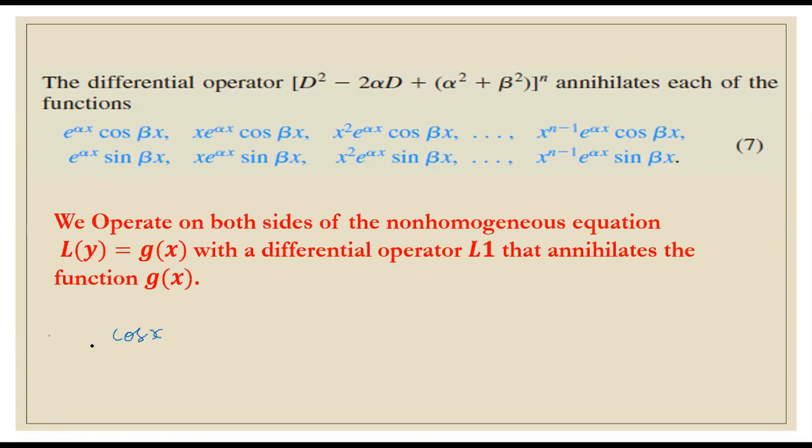What do you think of the annihilator of cosine? How many times should I differentiate my cosine to get 0? Maybe you need to add something to the derivatives, or more than one derivative. I'm not sure. What do you think?